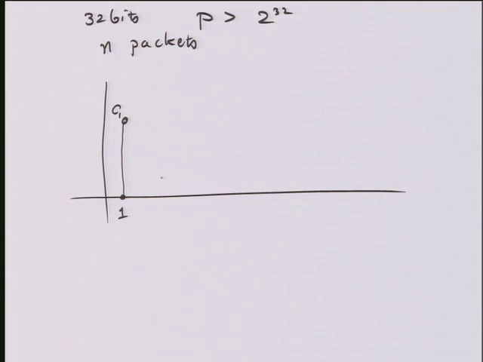At 2, the value should be the value of the second packet, let's say c2. At 3, it should be c3, and so on. At n, it should be c sub n.